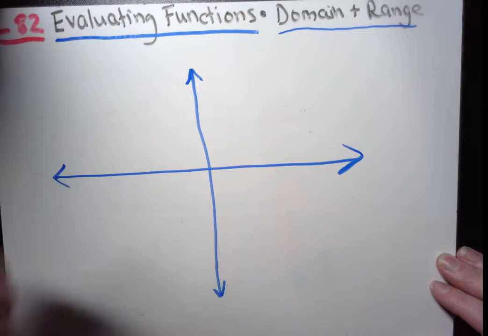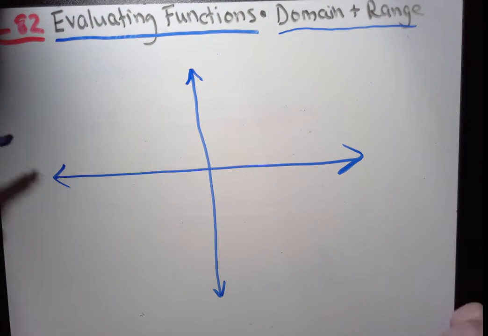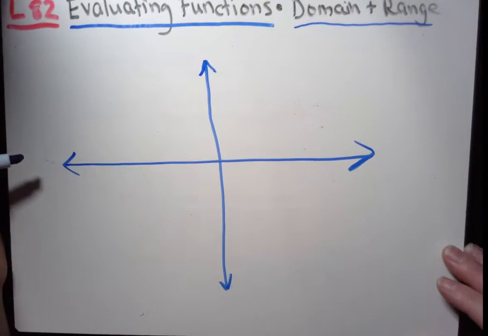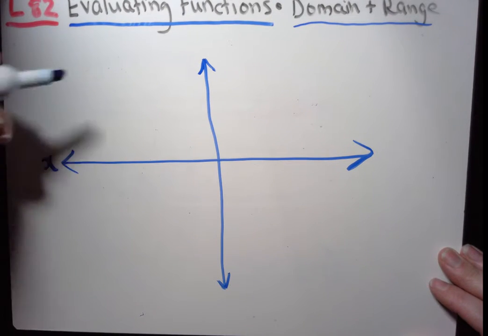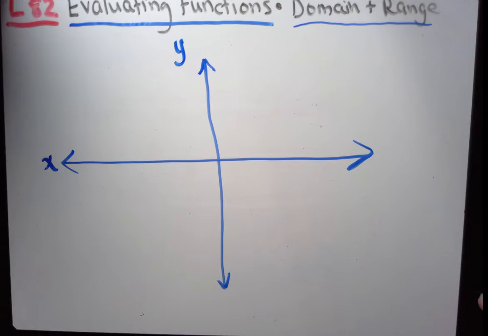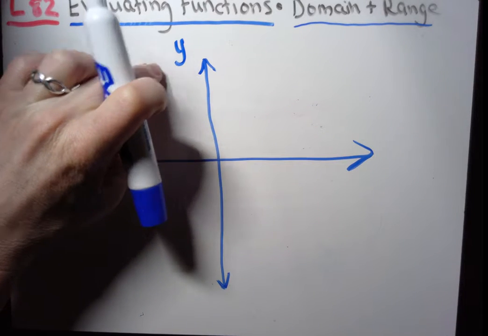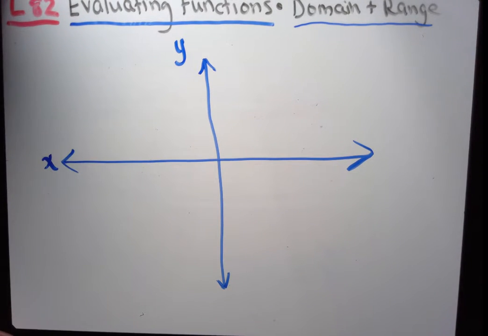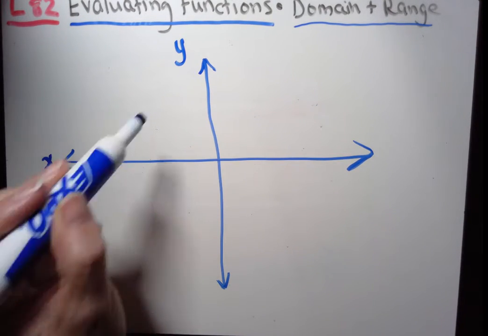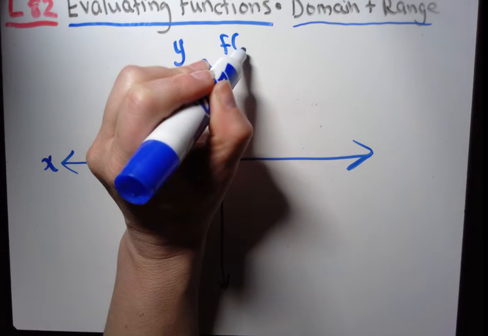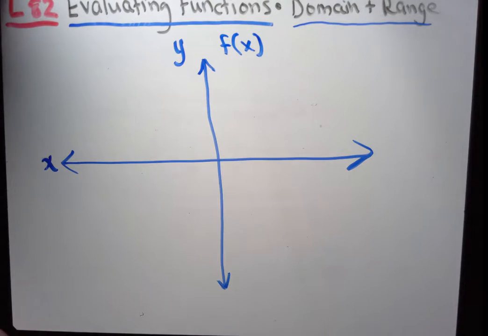So I'm going to look at a graph, and the reason why is it's going to show us what domain could look like. So there's the y-axis and the x-axis, and a lot of times instead of y, we'll see f of x, which is kind of the same thing as y, so the function of x.